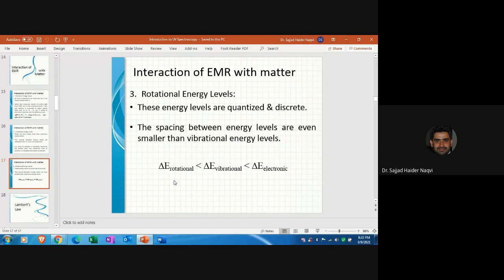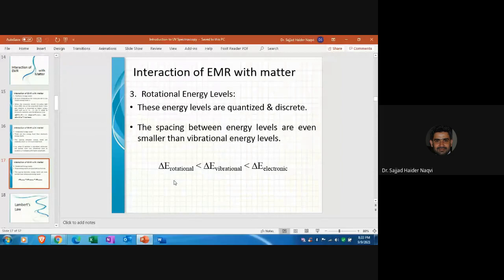So I'm sure that you guys are aware of how the electromagnetic radiations interact with the matter, and as a result of that interaction, depending on what kind of electromagnetic radiation we have used, there will be a change in energy level. And that change in energy level would be of three types: electronic energy level change, vibrational energy level change, and rotational.